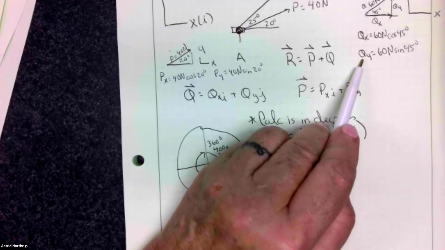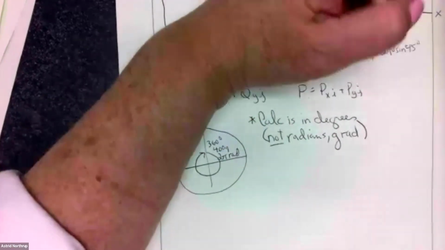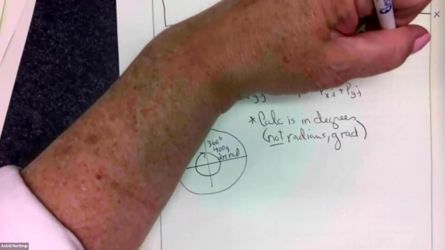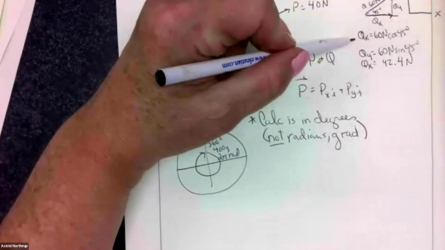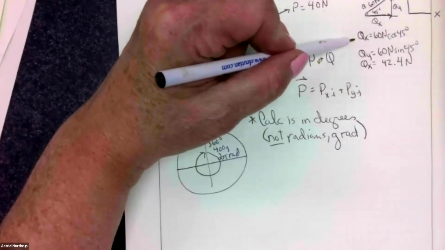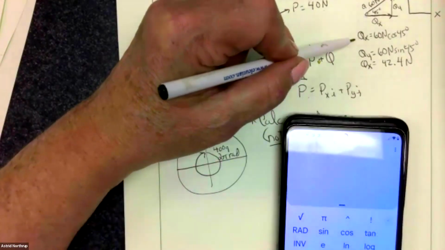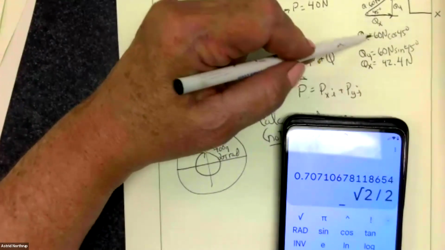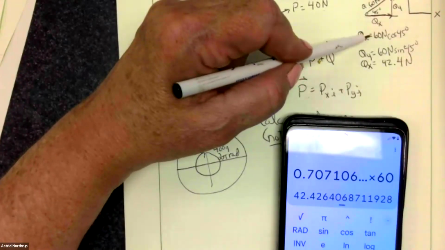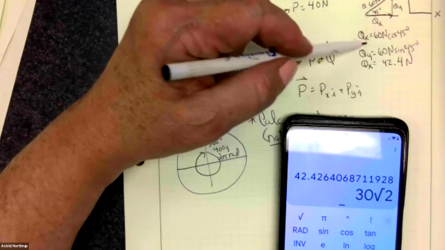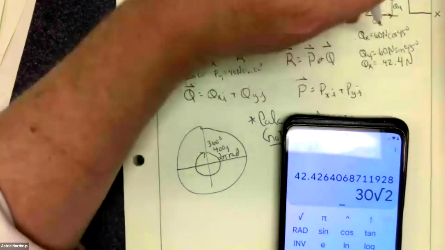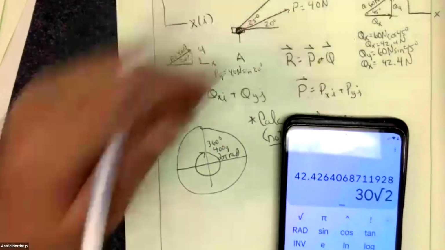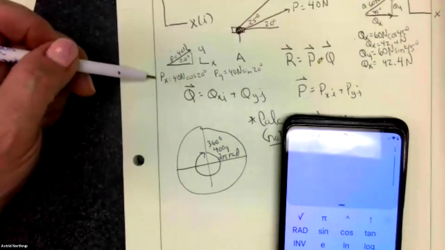So if I take 60 newtons times the sine of 45, I get that the value of Q sub y is 42.4 newtons. Similarly, for Q sub x, I'll do the cosine of 45 degrees, 0.707, which is also the square root of 2 over 2, which makes sense. Then multiply that by 60, and I get the same value, Q sub x is equal to 42.4 newtons.